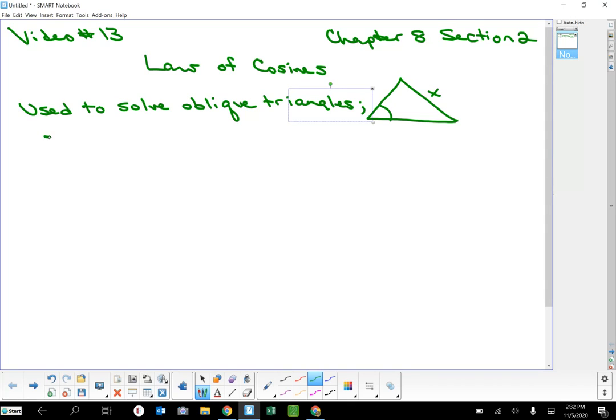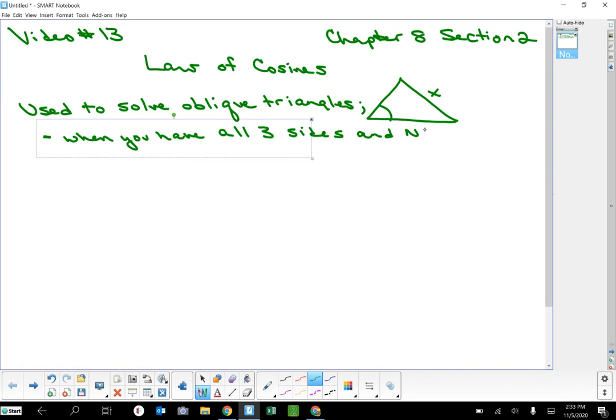So this is used when you have all three sides and no angles. Or it can be used when you have two sides and an included angle.